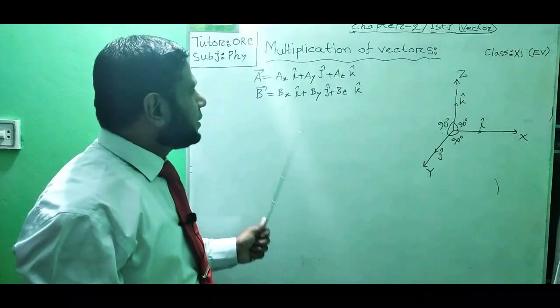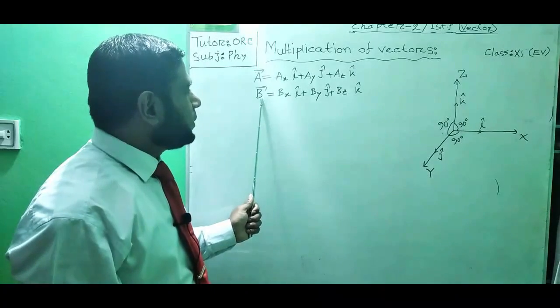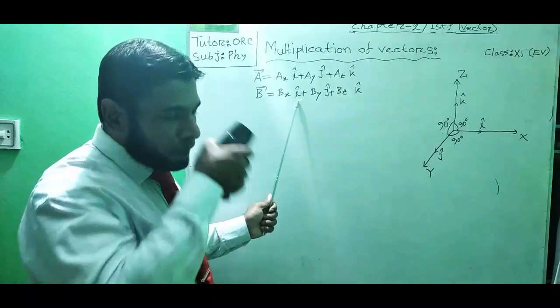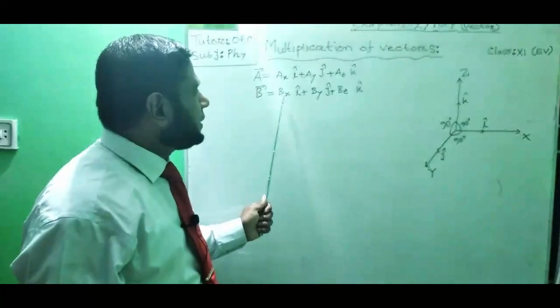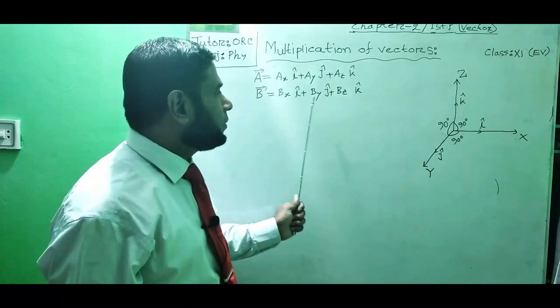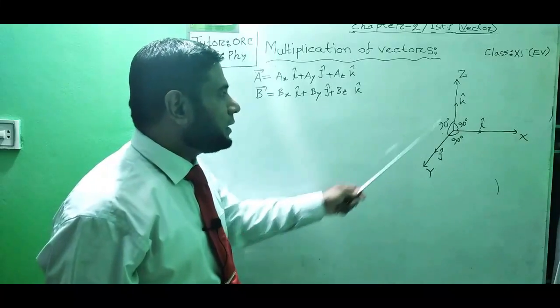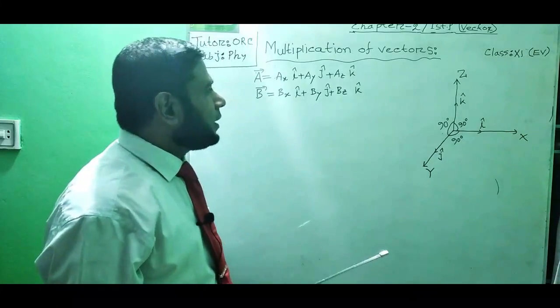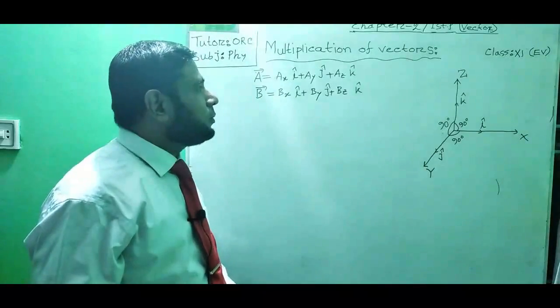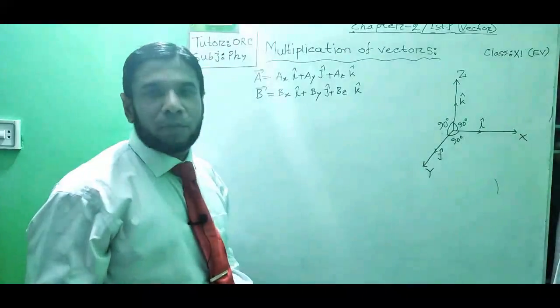In the same way, for the other vector B, along the x axis the value is bx, along the y axis the value is by, and along the z axis the value is bz. Now if we multiply these two vectors, what will be the resultant according to the dot product?